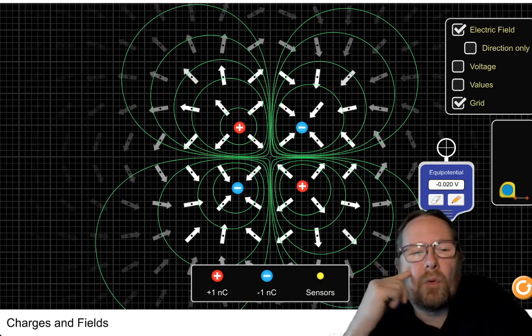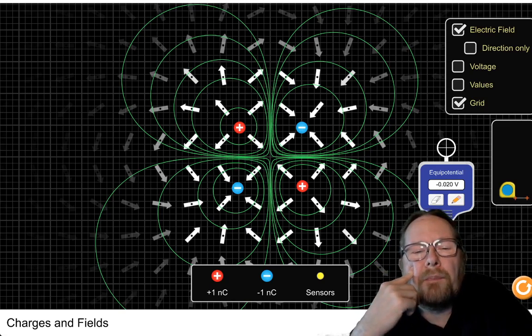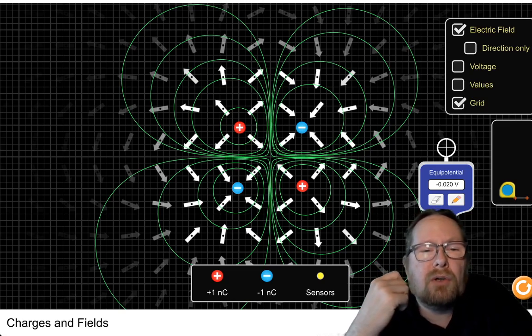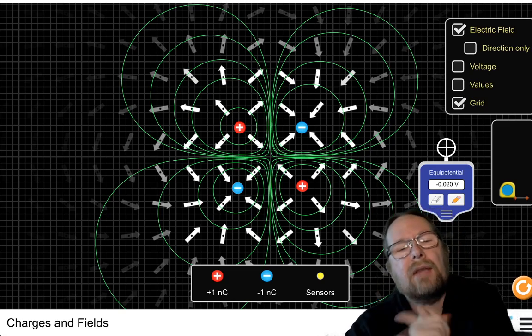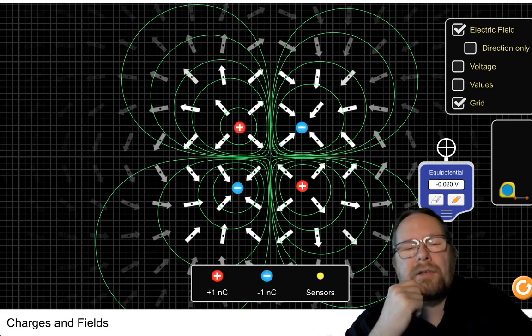Playing with this for a while, even doing some arrangements of charge that I don't ask you to do in the lab, is really useful for giving you an intuitive feel for the shapes of electric fields and the shapes of equipotential surfaces around different charge distributions.